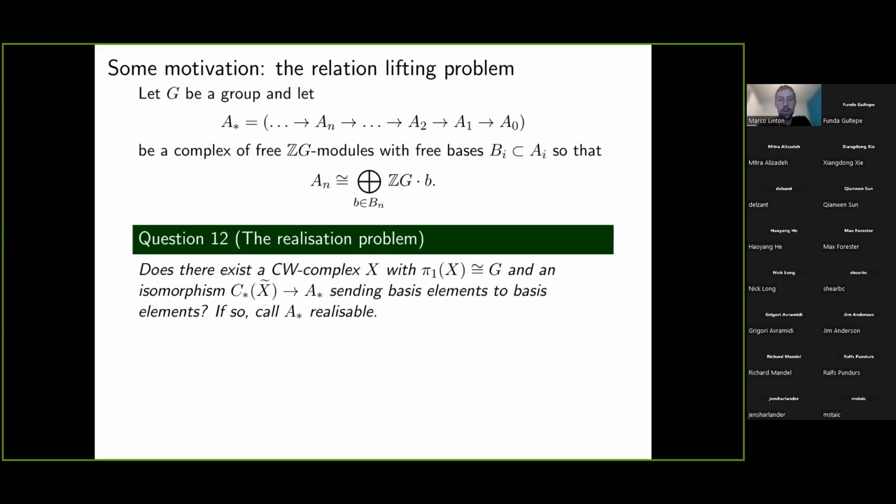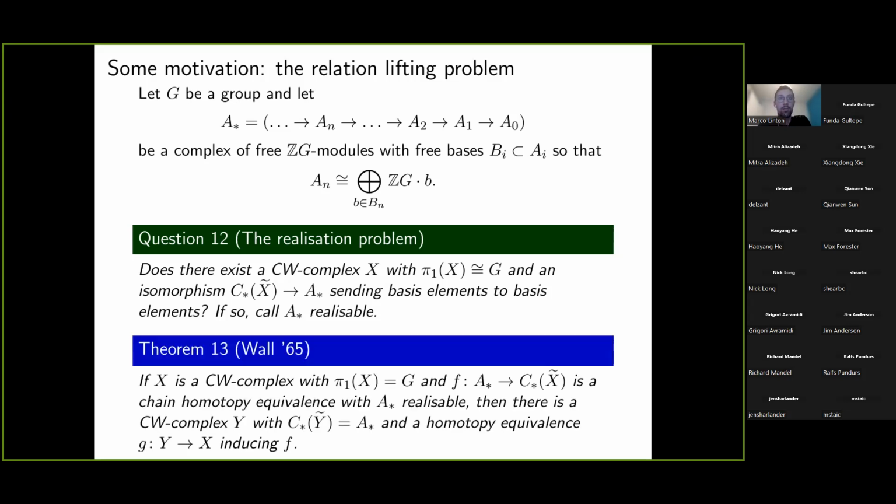So why might we be interested in realizability? There's this theorem of Wall, another one by Wall, which tells you essentially that if you have a CW complex and a chain homotopy equivalence with some realizable ZG complex, then you can realize this chain homotopy equivalence by an actual homotopy equivalence of CW complexes, where the new CW complex has chain complex isomorphic to A star.